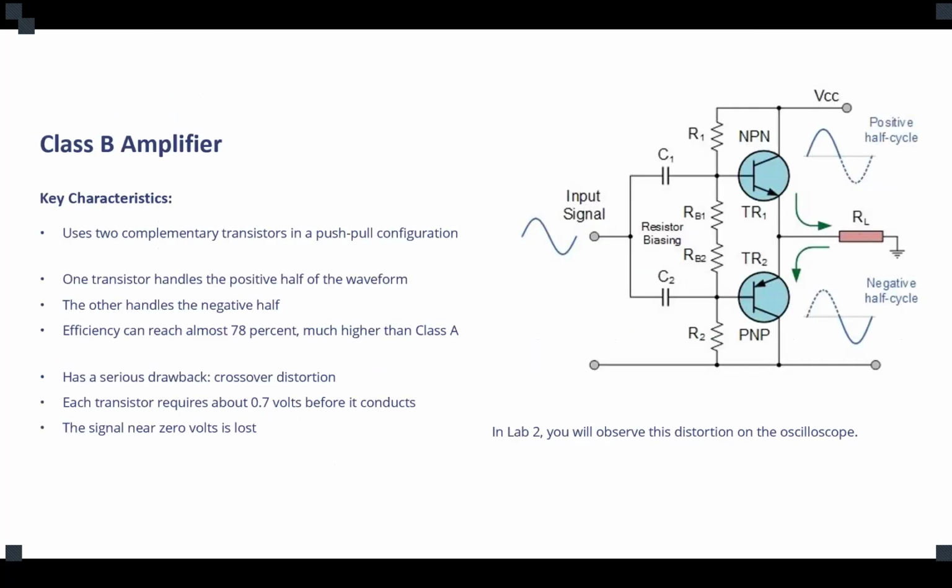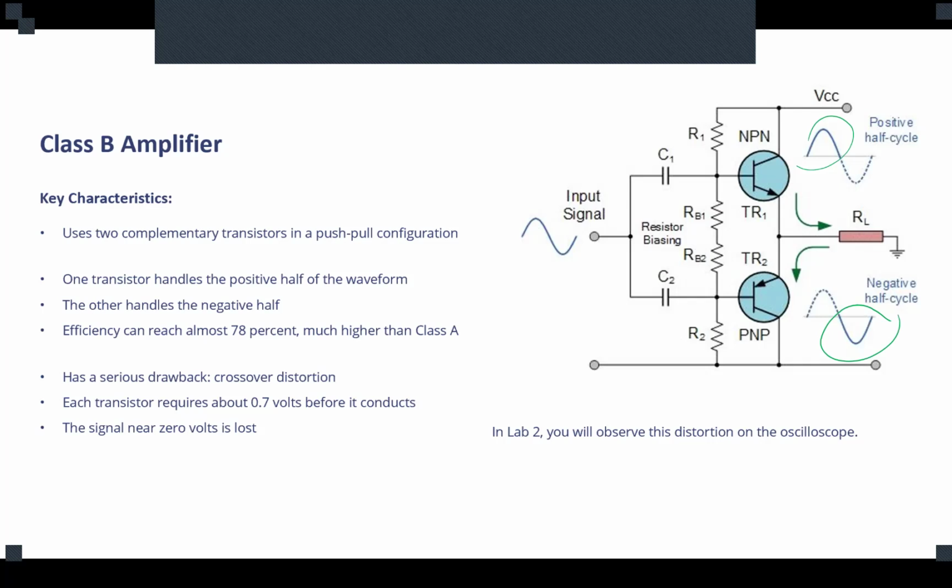Class B amplifier uses an NMOS and a PMOS in series. Each of them is responsible for half of your signal cycle. So one conducts the positive half cycle, another conducts the negative half cycle.